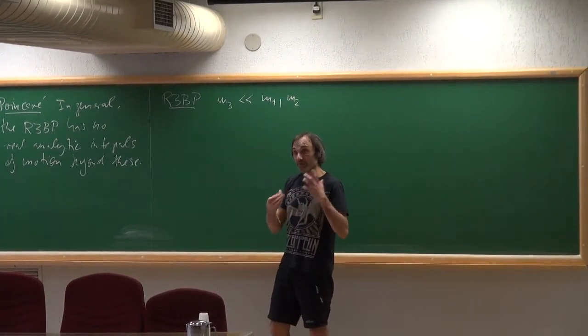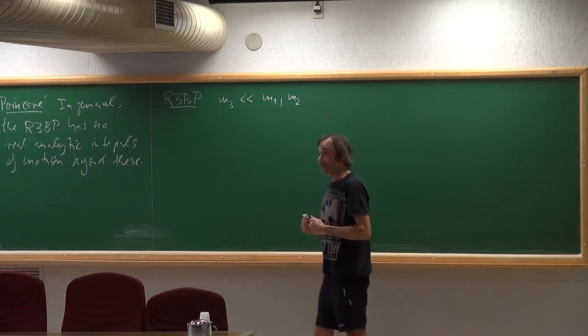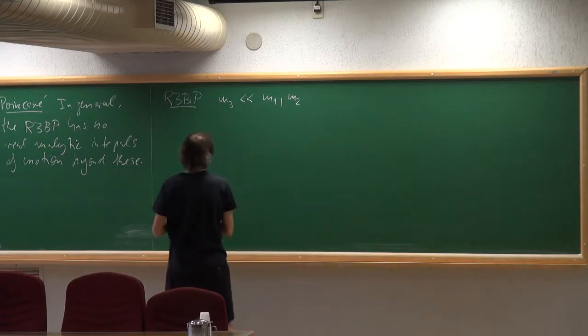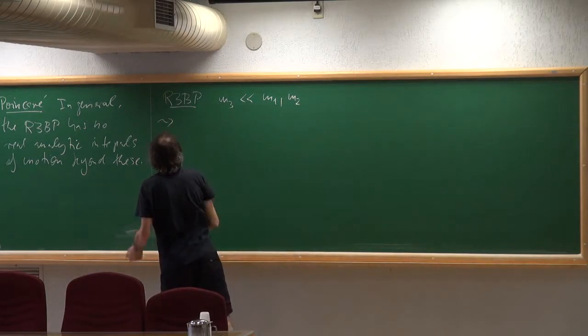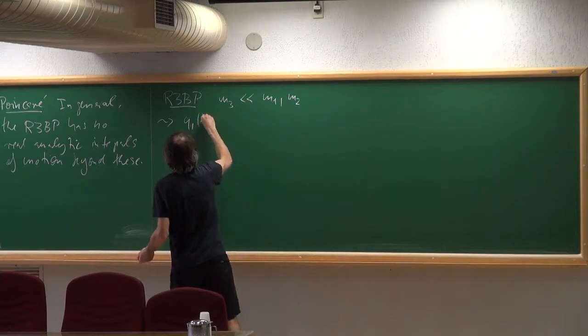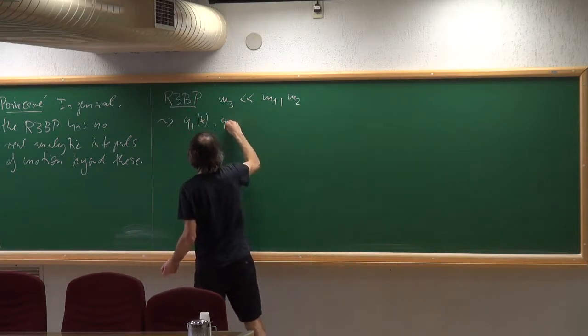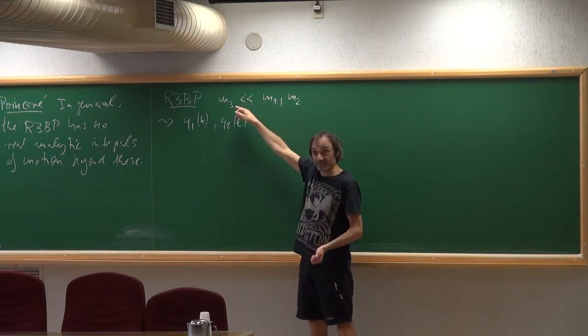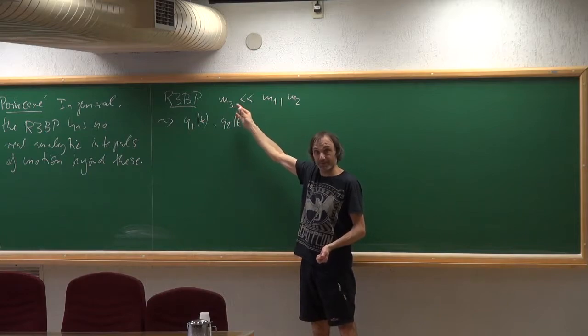And then you can consider this system as follows: the positions of the first two, so the motion of the first two particles, is not affected by the third one. That is what this assumption means.